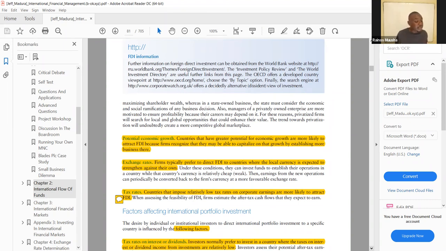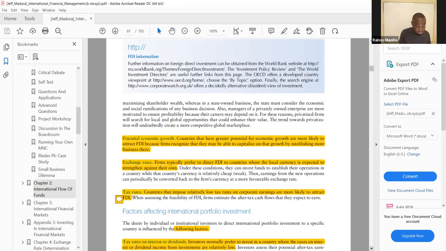So if you're expecting the local currency in a foreign country to appreciate against their own, investors are more likely to invest there, because before they even look at the returns from the performance of the investment itself, they are able to generate a return through the movement of the currency. If they invest there and get back that money, before you even look at what has been done with that money, they can actually get more money because of what?